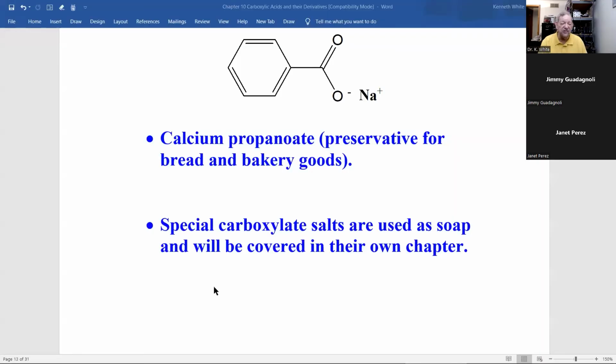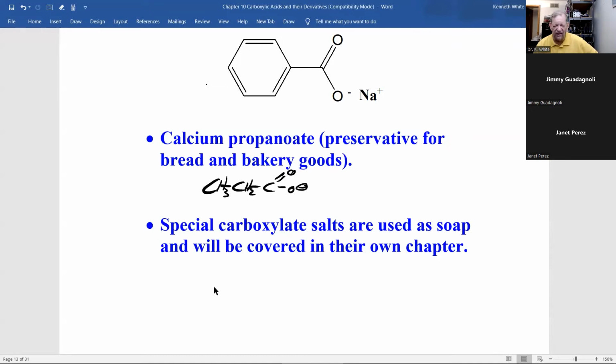I like that. But anyways, what is that stuff? It is, dun, dun, dun, calcium propanoate. Now, calcium salt is a +2, and all molecules in nature have a net 0 charge.